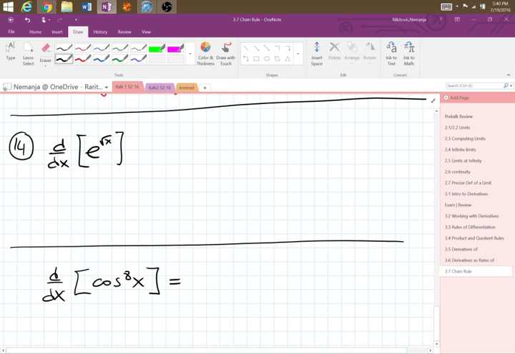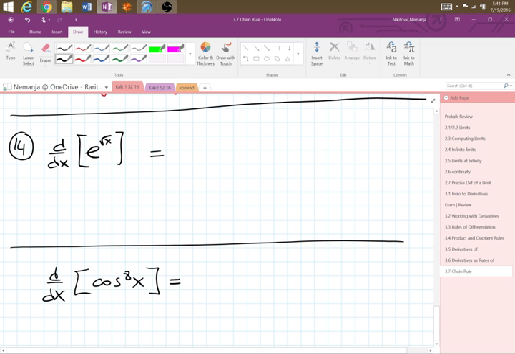You also can try cosine to the 8x. So what's the first, e to the square root of x?